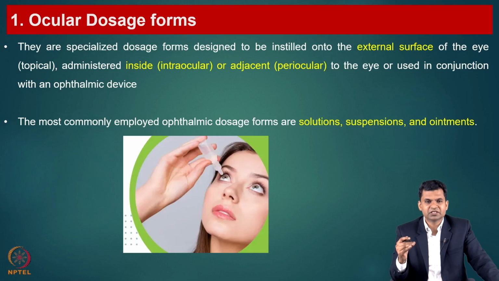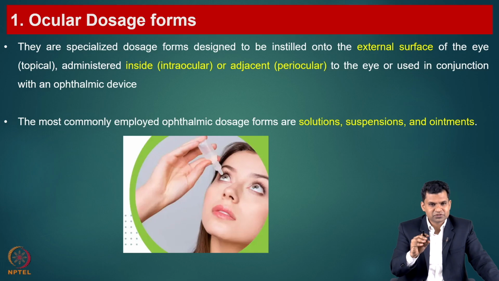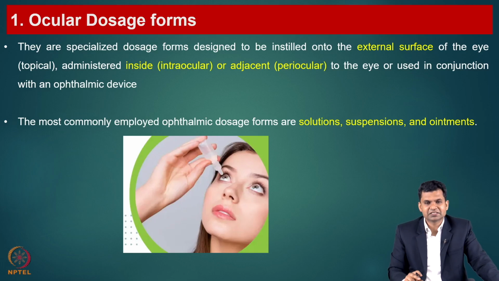Before the mucosal systems we discussed the gastroretentive systems, which target the gastrointestinal system, and later we focused on the mucosal systems, and then on the nasopulmonary route. Now, we are discussing the dosage forms which target certain body parts. In that, the first is the eye, that is, ocular dosage forms.